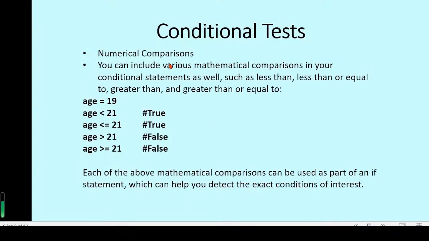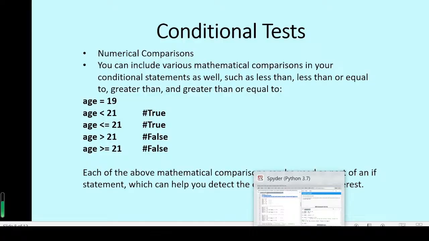And the numerical comparisons, you can include various mathematical comparisons in your conditional statement as well, such as less than or equal to, greater than, and greater than or equal to. So age is 19, for example, we can run these tests. So each of the above mathematical comparisons can be used as part of an if statement, which can help you detect the exact conditions of interest.